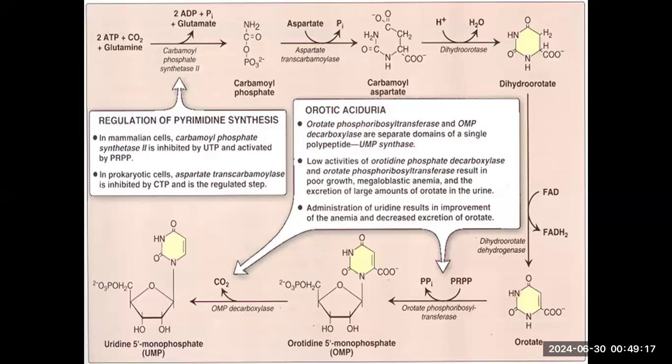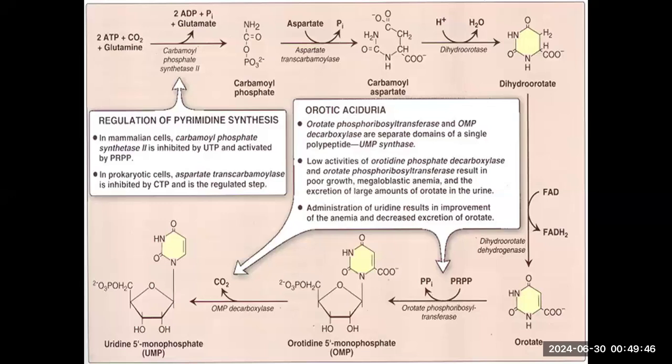Then this combines with PRPP, phosphoribosyl pyrophosphate, in the presence of the enzyme orotate phosphoribosyl transferase, and makes orotidine monophosphate. What we have synthesized is orotidine monophosphate, the OMP nucleotide.